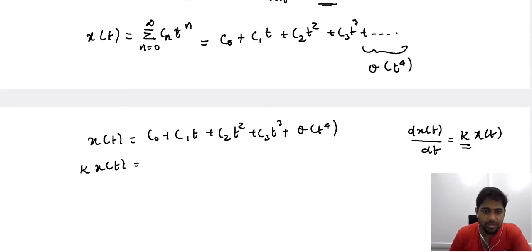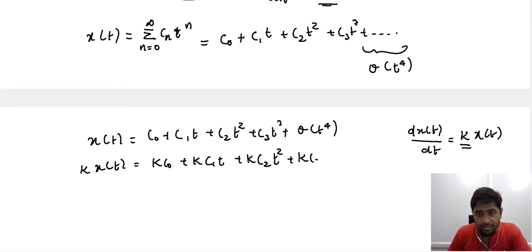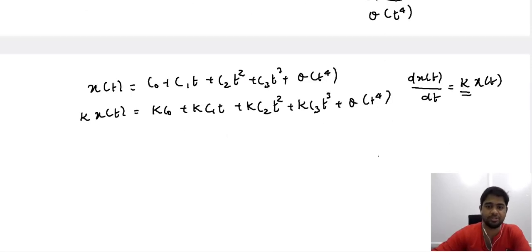This will be k C0, k C1t, k C2 t square, k C3 t cube, and so on and so forth. This gets represented by this expression here.